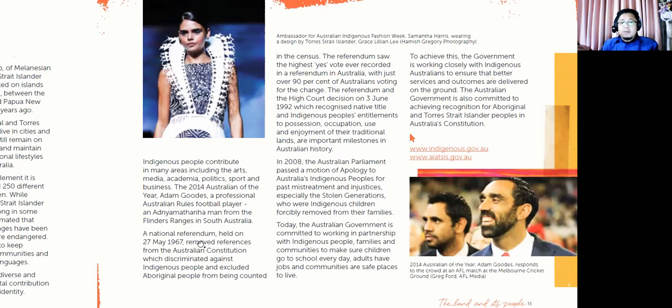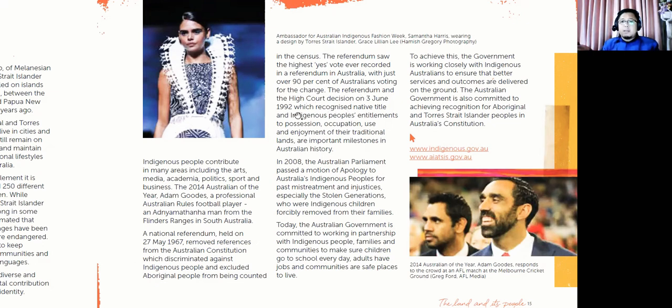A national referendum held on 27 May 1967 removed references from the Australian Constitution which discriminated against Indigenous people and excluded Aboriginal people from being counted in the census. The referendum saw the highest yes vote ever recorded in a referendum in Australia, with just over 90% of Australians voting for the change.